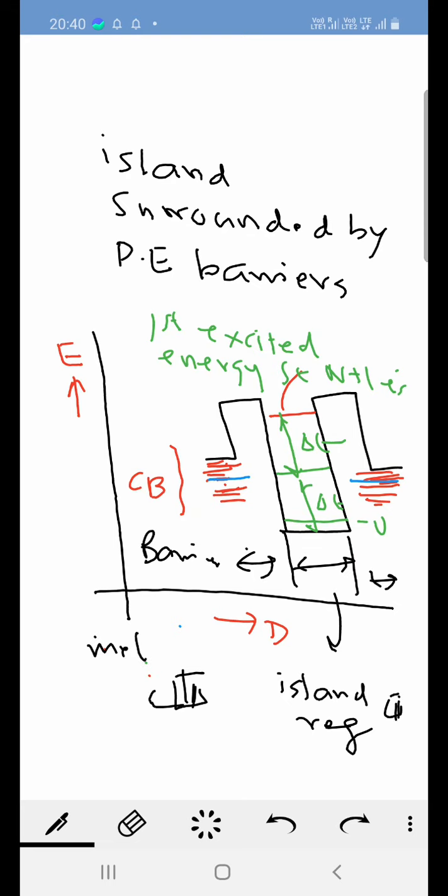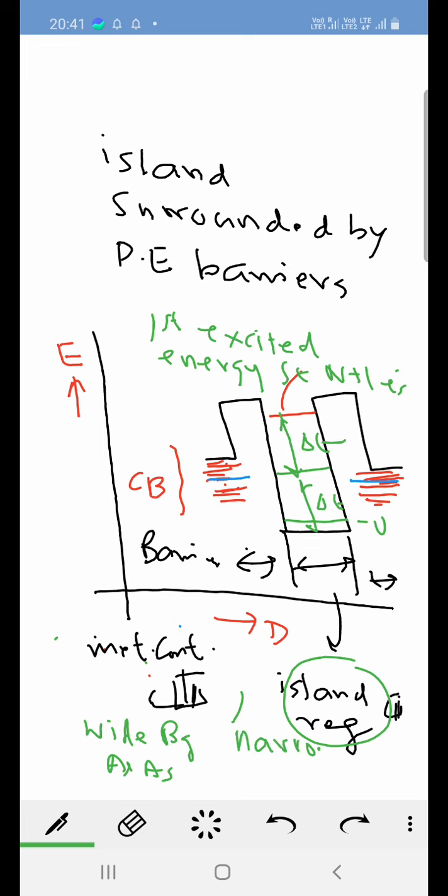This one is the metal contact, and this region, the barrier region, is made up of wide bandgap semiconductors like aluminum arsenide, and the well region is made up of narrow bandgap semiconductors like gallium arsenide, and of course the middle contact.